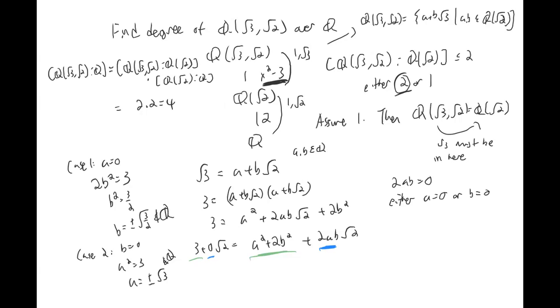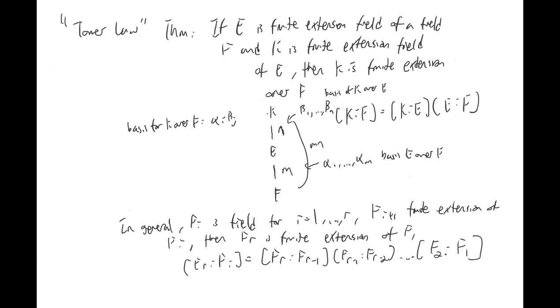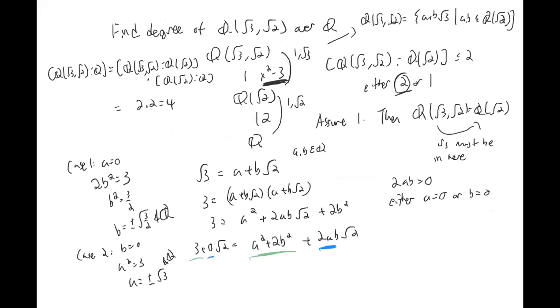Okay, and what does the theorem say? So the theorem says if the basis here is beta 1 to beta n, and alpha 1 to alpha m, then the basis is given by alpha i beta j. So we just take all possible products. So here, the four basis elements are given by 1 times 1, 1 times root 3, 1 times root 2, and root 3 times root 2.